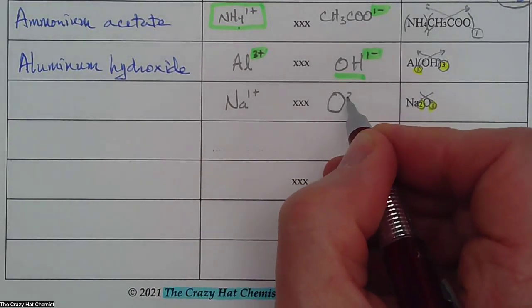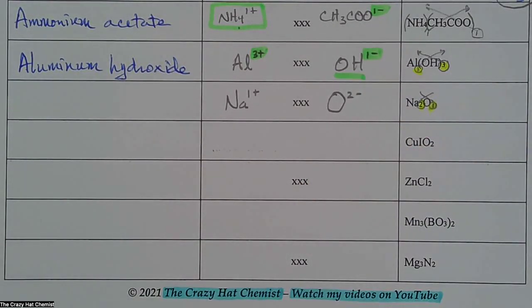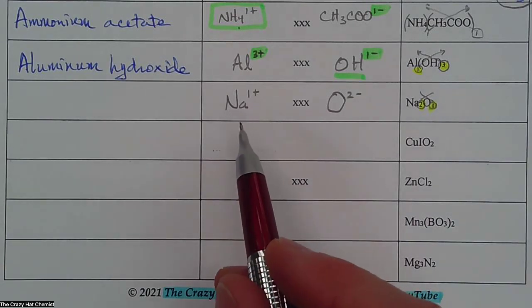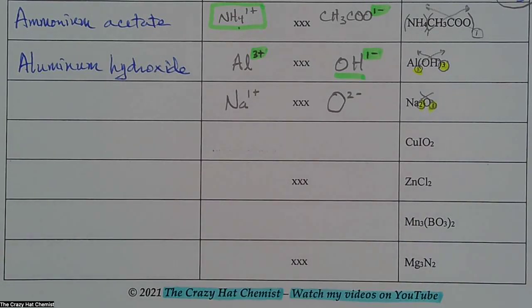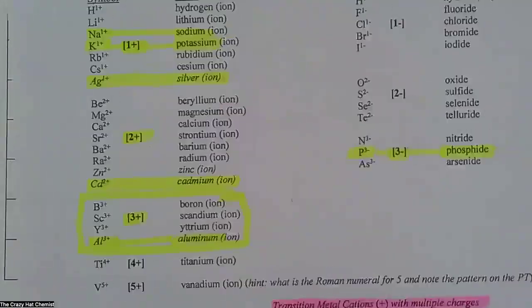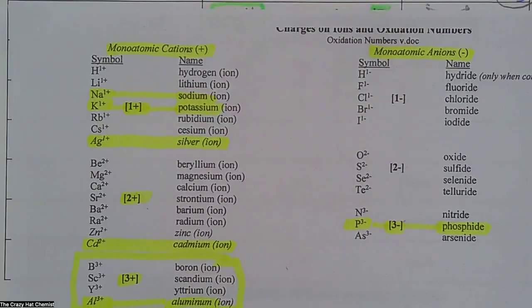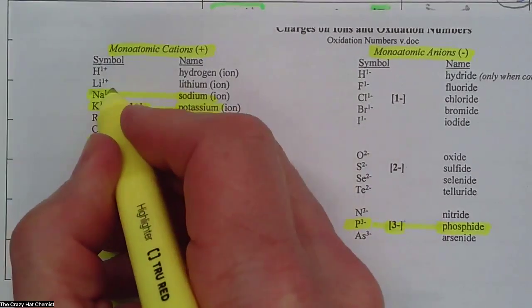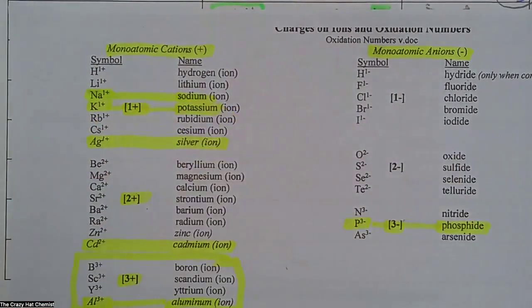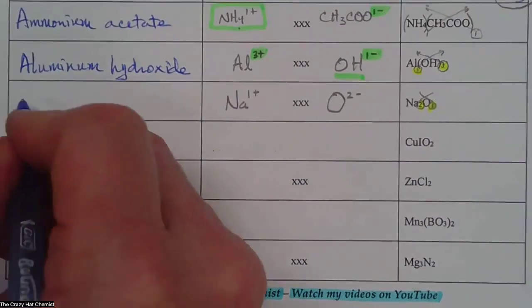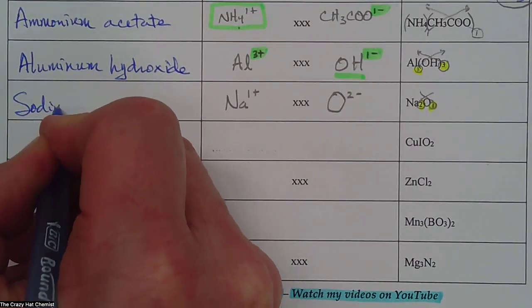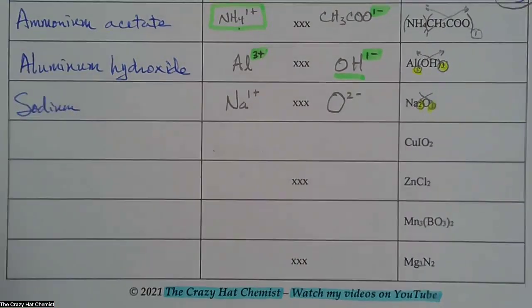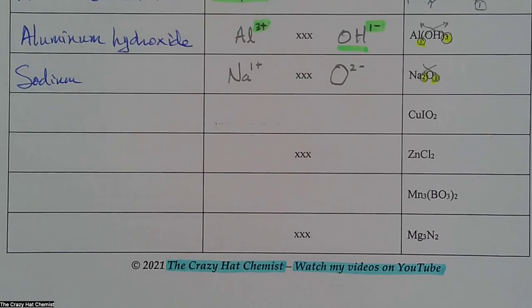That's an O with a 2, and anions come second. So Na is in the 1 plus category. It's a monoatomic ion, and it is right here. It is Na 1 plus, and that is called sodium. So I just write down the word sodium. Sodium, it's that simple.